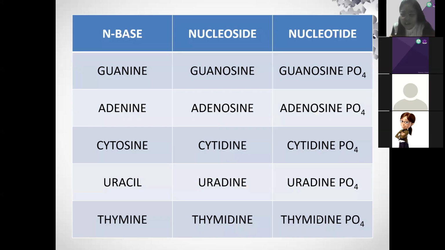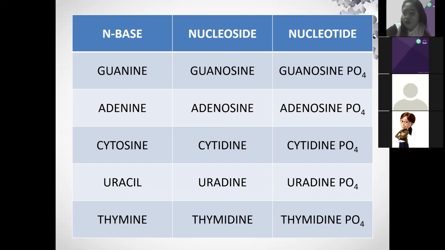So we have here the comparison. The base, we have the two purine bases here, guanine and adenine. Remember when you say nucleoside, it's the combination of the nitrogenous base and the sugar. So that's the time we call it guanosine. Okay, guanosine.